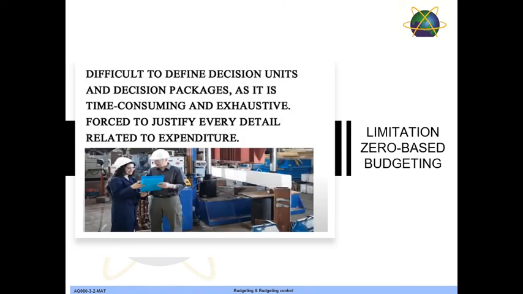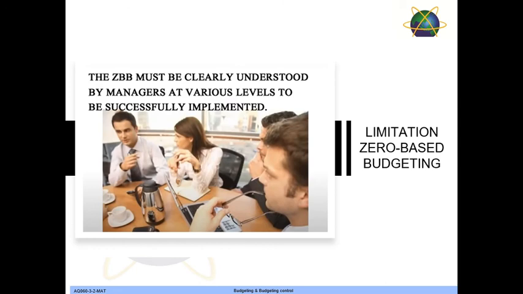Okay, now we go to the disadvantages of zero-based budgeting. First one: it is difficult to define decision units and decision packages, and it is very time consuming because everything starts from zero, you need meetings, so it is very exhaustive, and you are also forced to justify every detail related to expenditure. Zero-based budgeting must be clearly understood by managers at various levels to be successfully implemented.